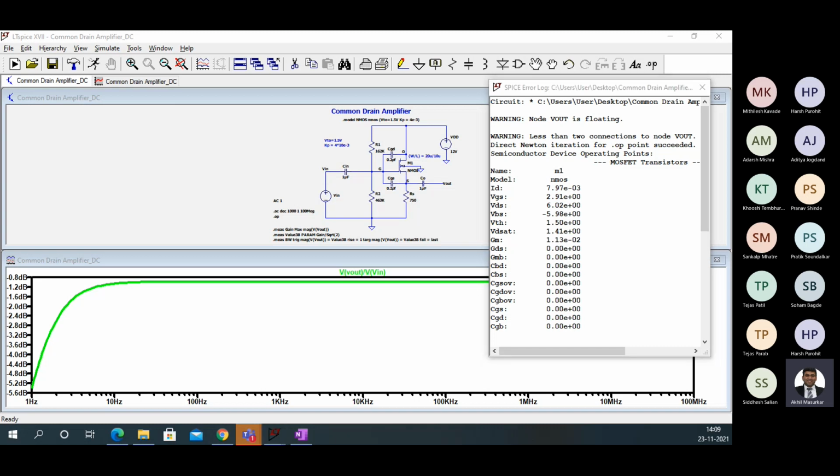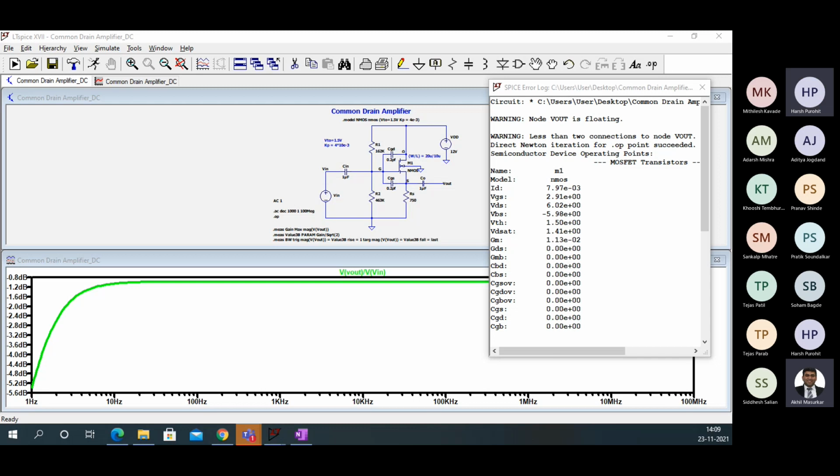Okay, good. Okay, Harsh, very good. Harsh, but why are your values not matching? Is there some difference in the values? No, sir, I forgot to change the value of that capacitor. It's 20 picofarad. No, that should not affect the DC value because DC analysis has nothing to do with it.